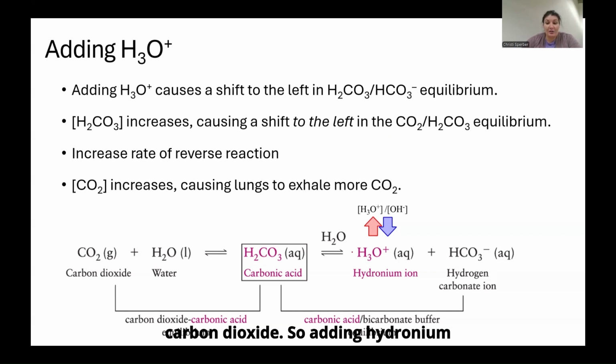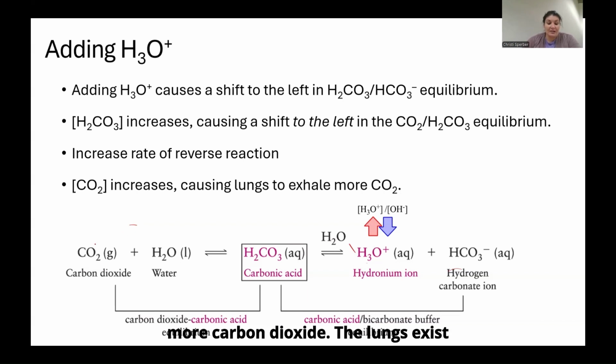So adding hydronium ions right here reacts with hydrogen carbonate ions to produce more carbonic acid. So you add hydronium ion, it reacts with hydrogen carbonate, increases the rate of the reverse reaction to create more carbonic acid. If you increase carbonic acid, you're going to shift to the left of this second equilibrium and create more carbon dioxide.